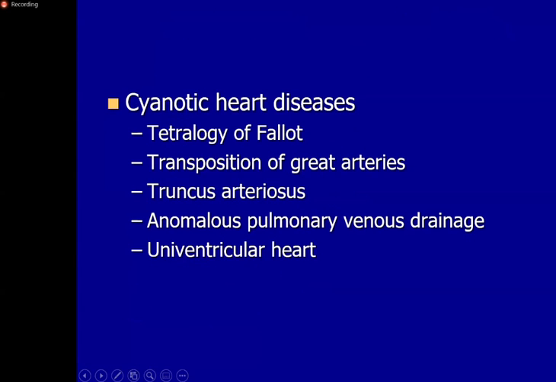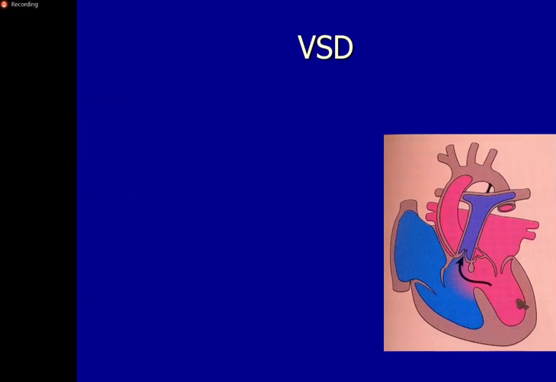When it comes to cyanotic heart diseases, you will see Tetralogy of Fallot, transposition of great arteries, truncus arteriosus, anomalous pulmonary venous drainage, and univentricular heart. Of course, we can't forget about those. You just have to know the basic underlying defect of these, and then you can actually work out most of these things.